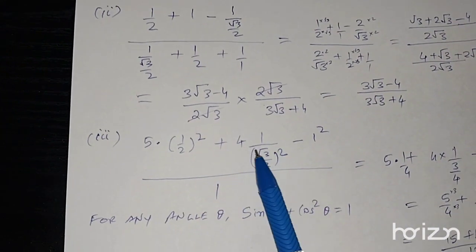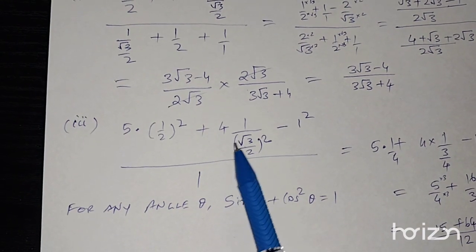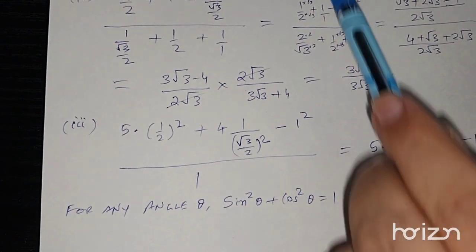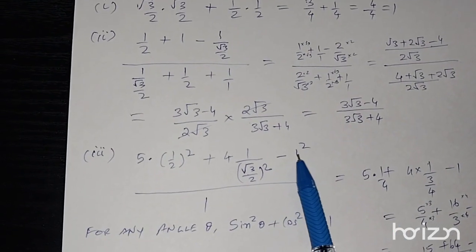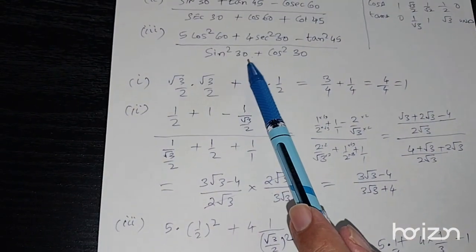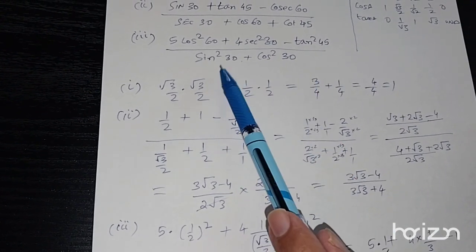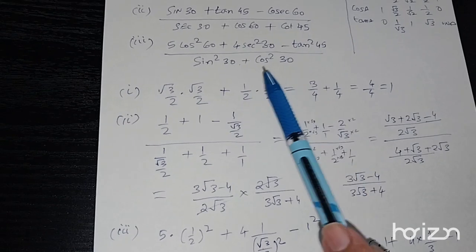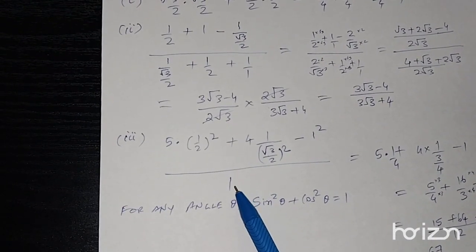So 4 into 1 upon cos of 30, which is root 3 by 2, root 3 by 2 whole squared, minus tan squared 45. Tan 45 is 1, so 1 squared we have put, divided by sin squared theta plus cos squared theta. We know by trigonometric identity that sin squared theta plus cos squared theta for any theta is 1, so we have put 1 here.